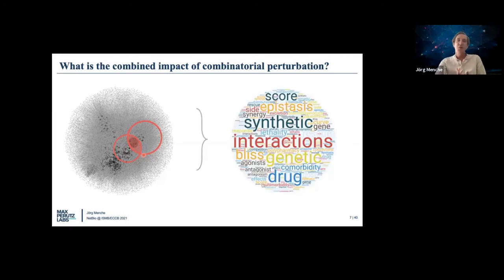And this question is really at the heart of many, many concrete problems. So if you think about the interaction between drugs, or if you think about the epistasis of individual SNPs on the genome, or if you think about environmental genetic interactions. All of these seemingly unrelated questions, in my mind, really boil down to: what do we expect the combined final impact of different independent perturbations to be?